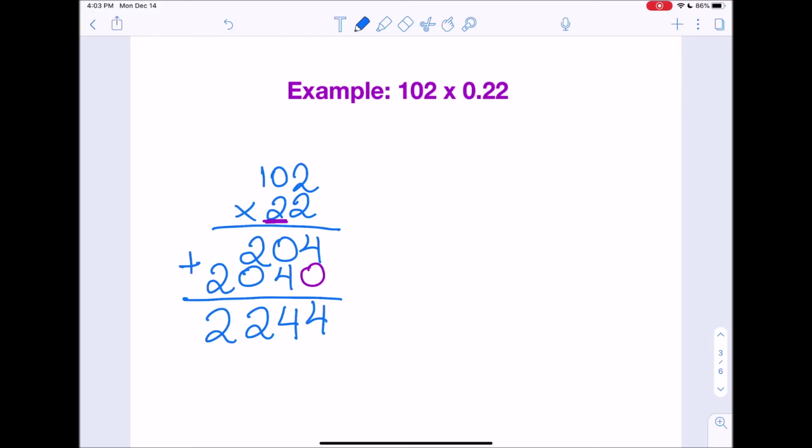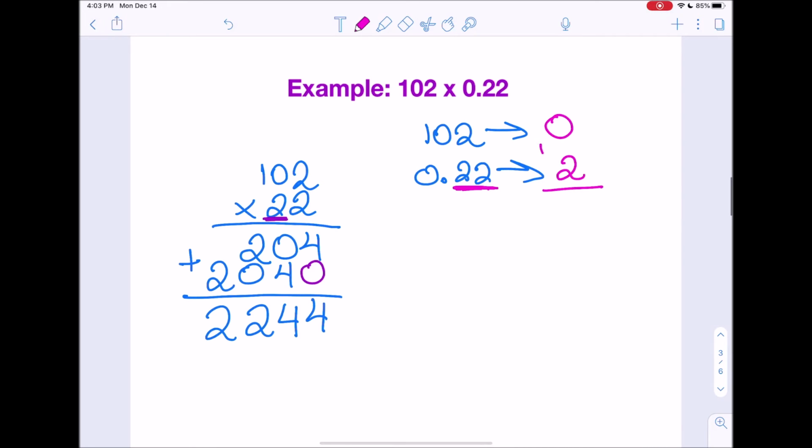And remember, we do that by counting decimal places. So we have our 102 and we have 0.22. Now remember, the decimal places are how many numbers are after the decimal. That's what I'm looking for. Now 102, there is no decimal, so that's 0 places. For 0.22, there are 2 numbers after the decimal, so there are 2 place values.